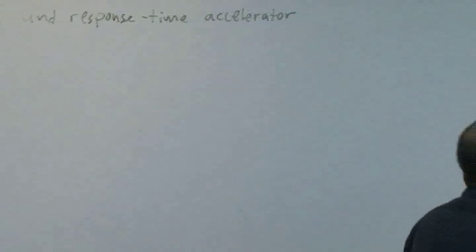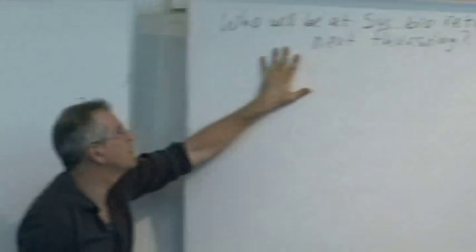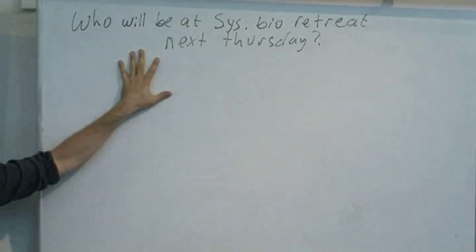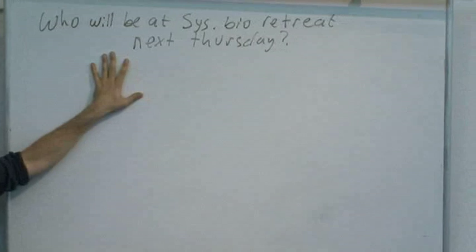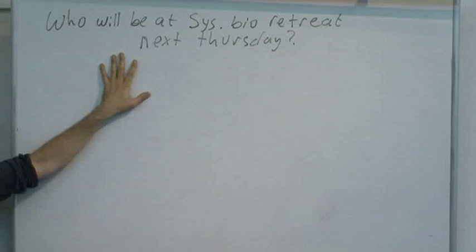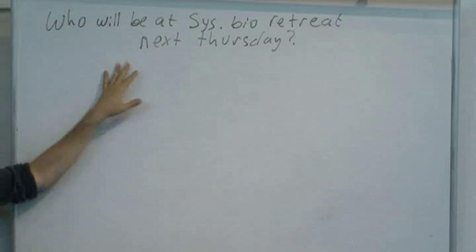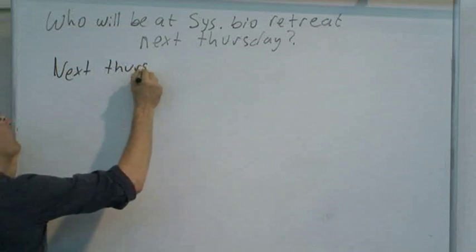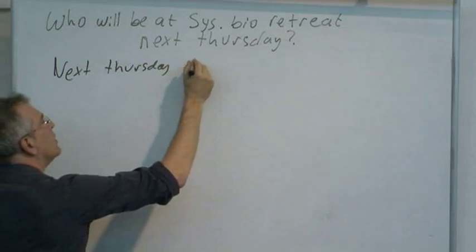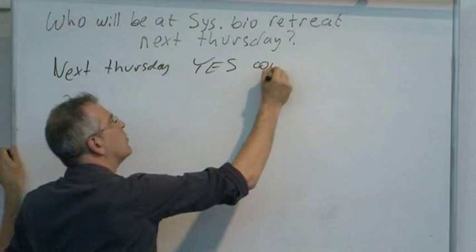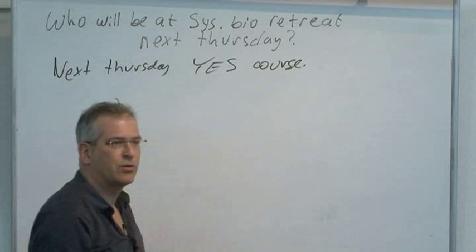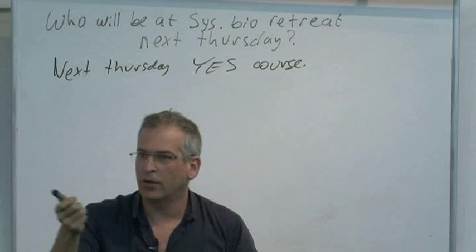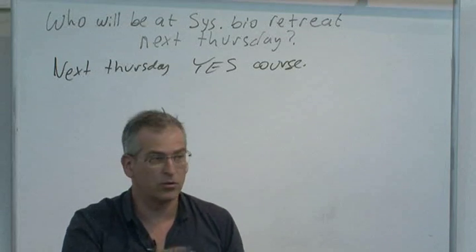Oh, by the way, there's a CIS biology retreat next week, and next Thursday in particular. Who's going to be at that retreat? 1, 2, 3, 4, 5, 6. Okay, so we are going to have a course next Thursday. Yes, there'll be a course. I'm going to come back from the retreat. And those of you that are in the retreat, you can also consider coming back.